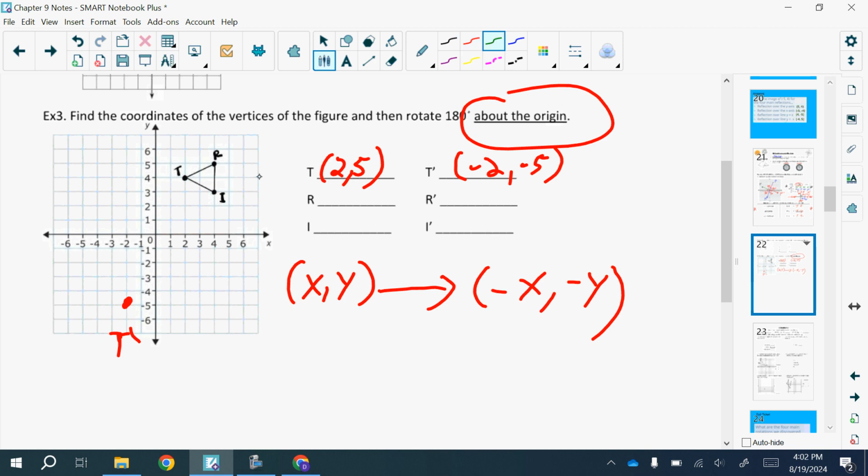Point R is 4, 5. Again, rotating 180 degrees about the origin, we go from (x, y) to (-x, -y), so -4, -5.